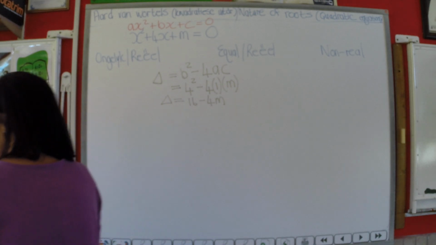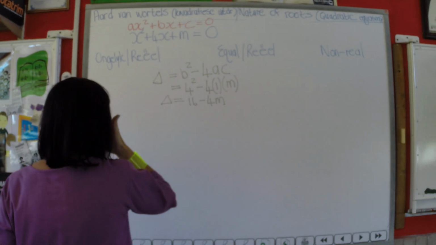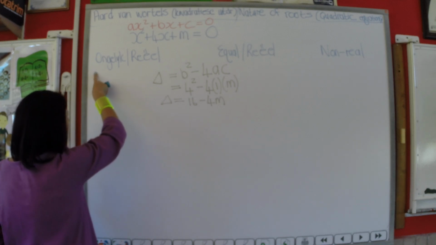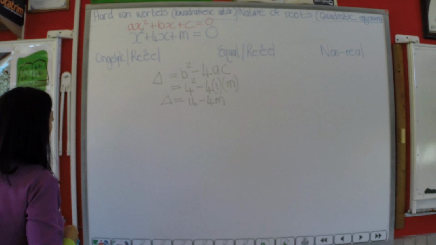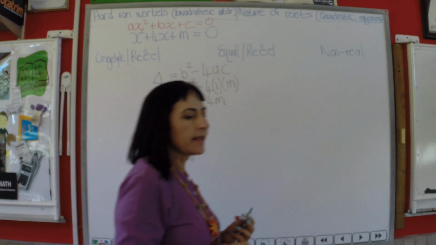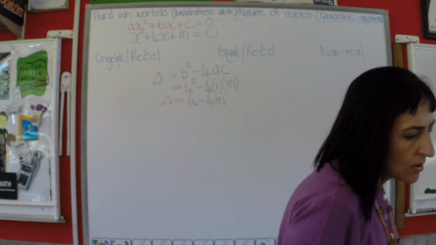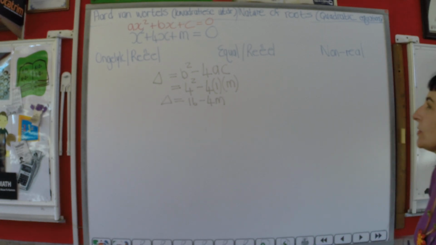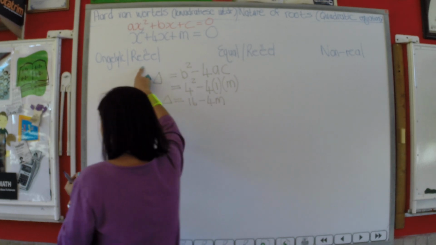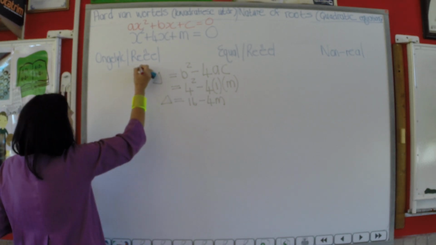Okay. Now, let's go to the characteristics given. Unequal and real. So unequal and real means that delta must be greater or equal to 0 for real. Let's quickly look at the characteristics.